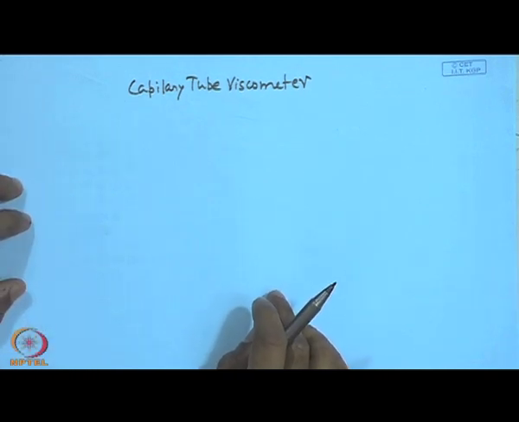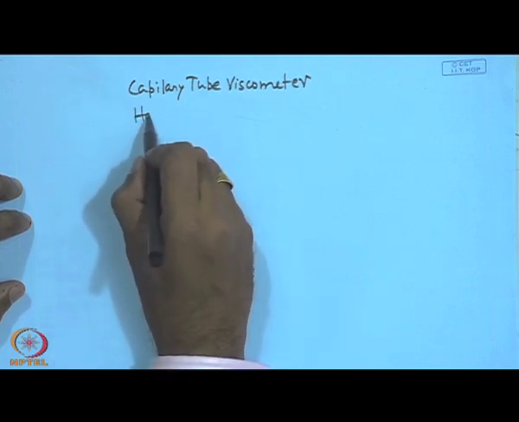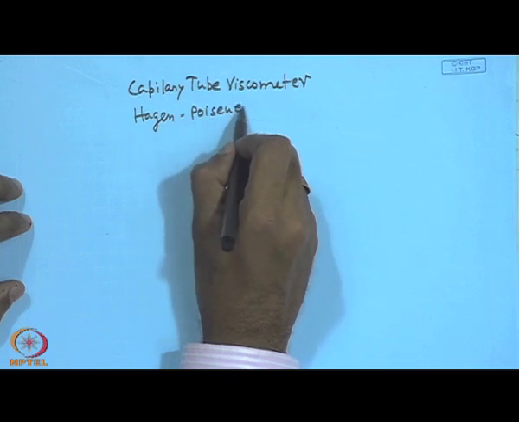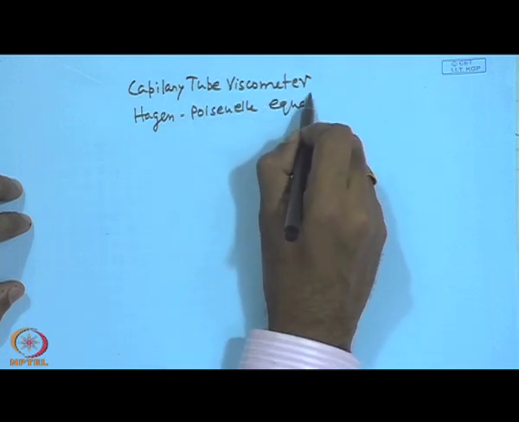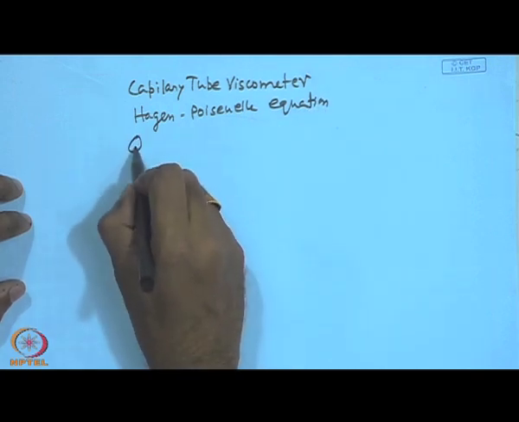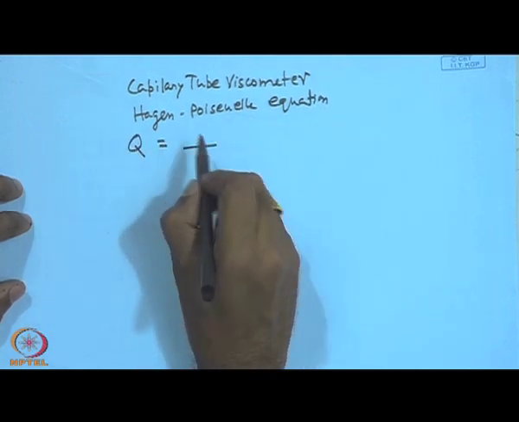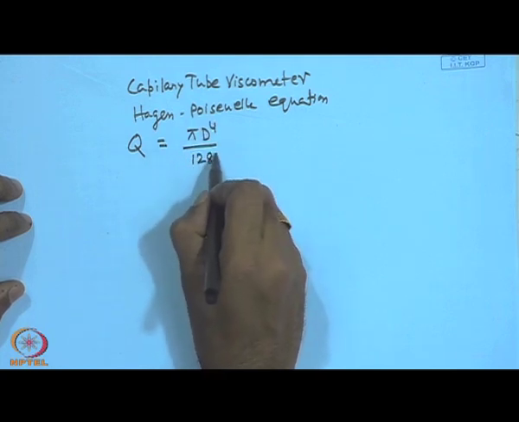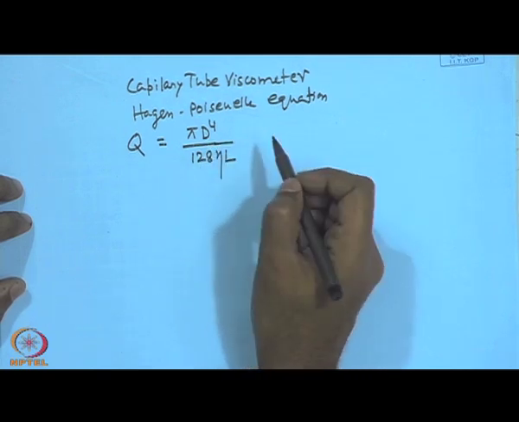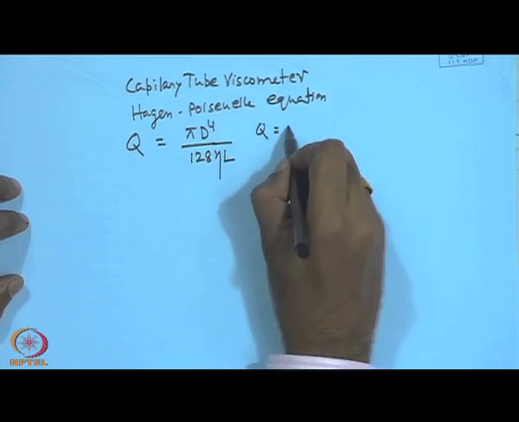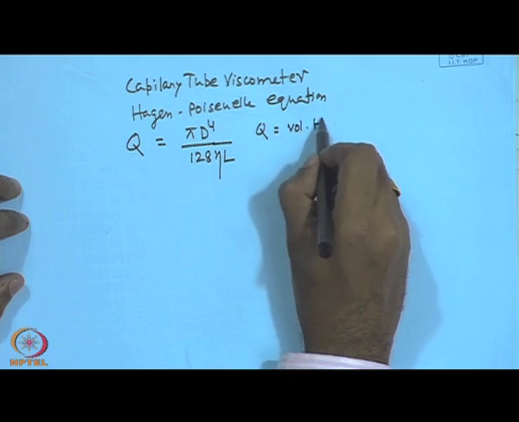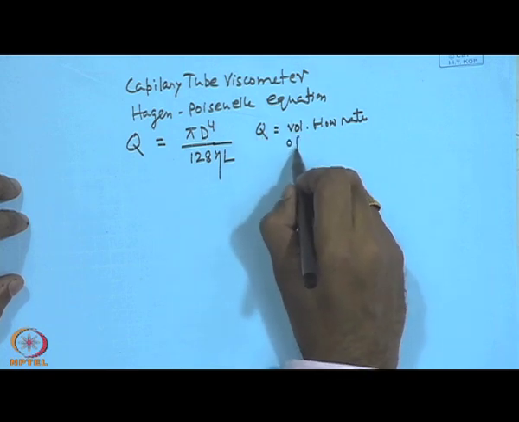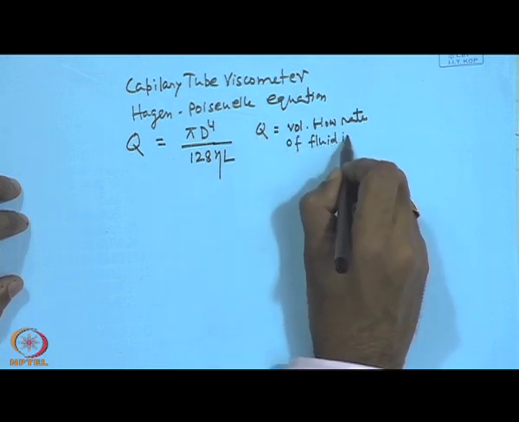The governing equation is the well known Hagen-Poiseuille equation, which is Q equals pi d to the power 4 delta P by 128 eta into L, where Q is volumetric flow rate of fluid in the capillary.